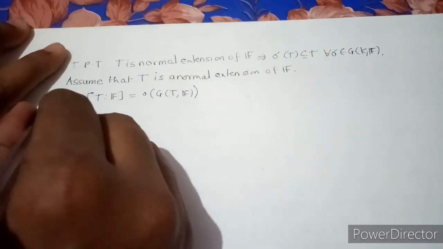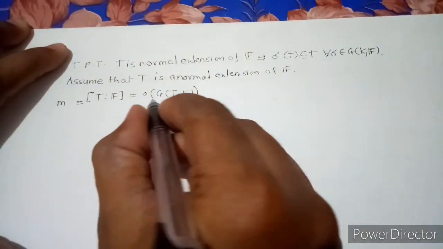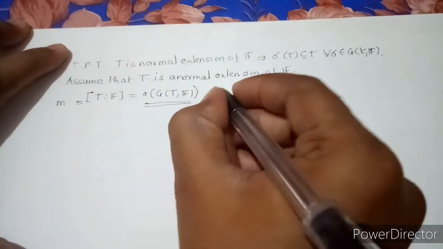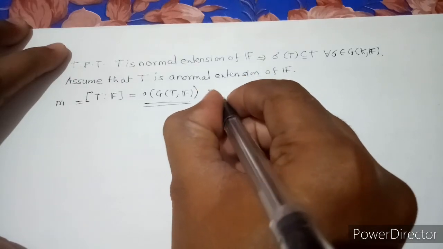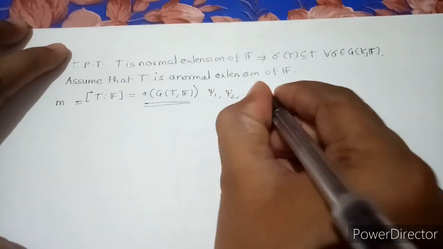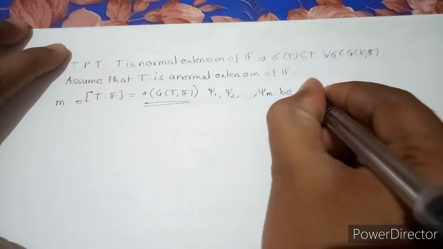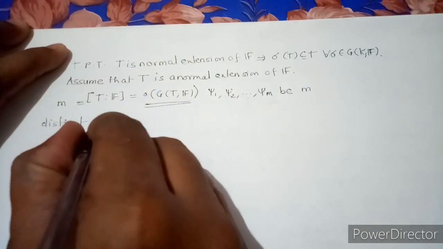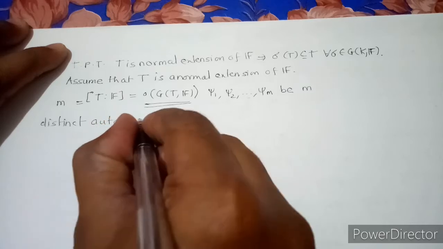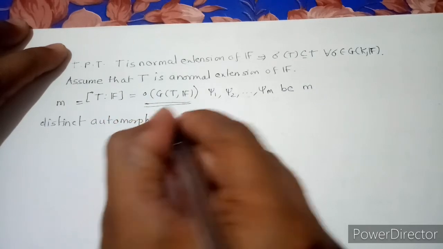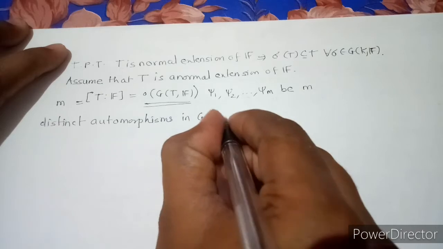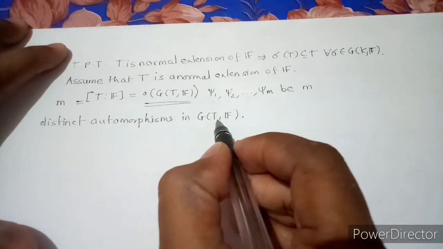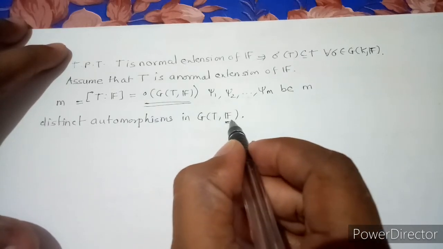Now say the degree of T over F is m, meaning the order of G(T/F) has to be m, meaning there must be m distinct automorphisms, say psi 1, psi 2, up to psi m, in G(T/F). As they are in G(T/F), they are fixing all elements of F.